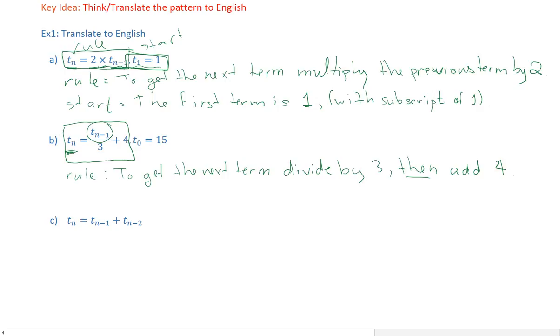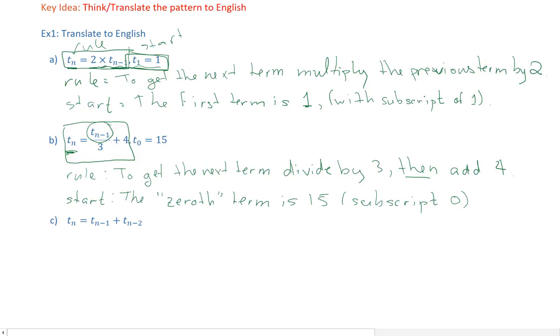Notice that the dividing by 3 is happening before the addition of 4. And then the start, and to be really persnickety here, the 0th term is 15. So my first term number is not 1, but 0.